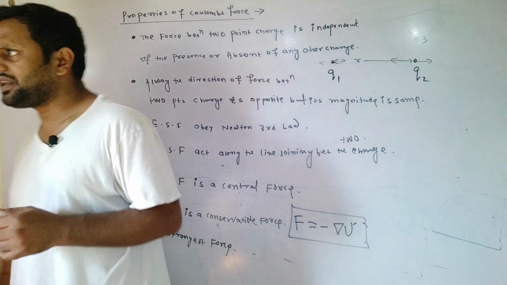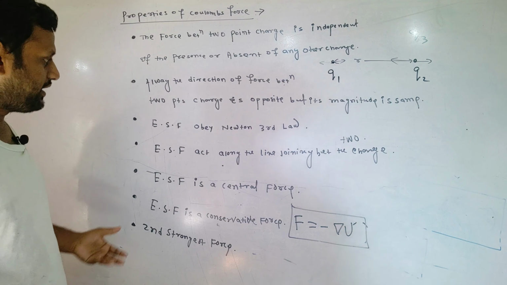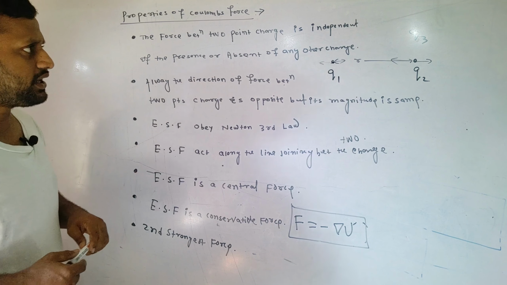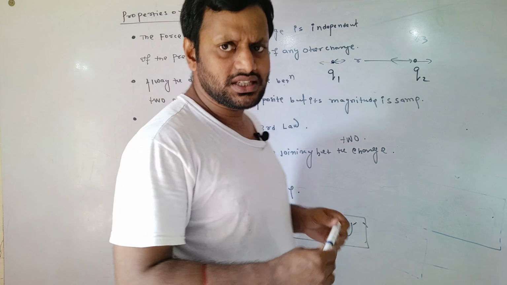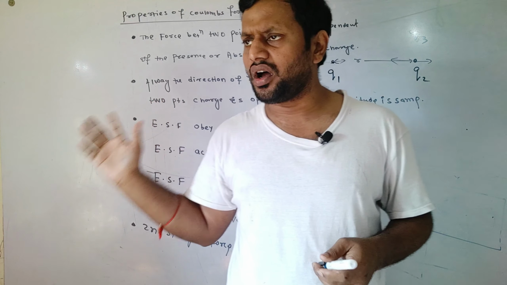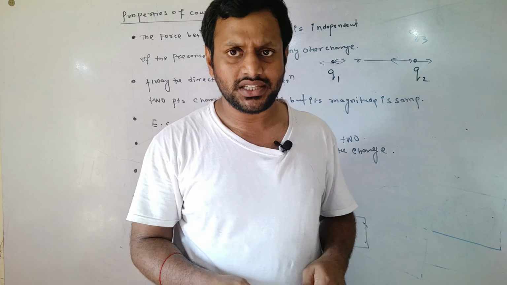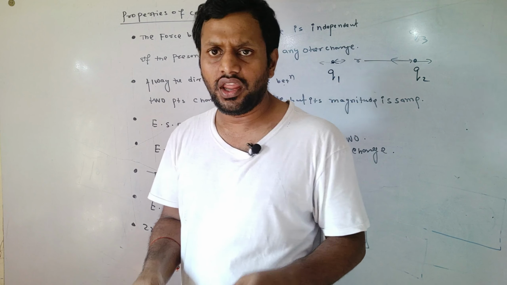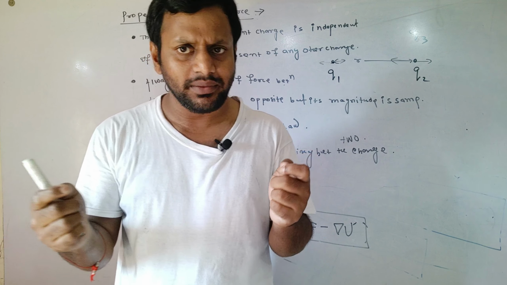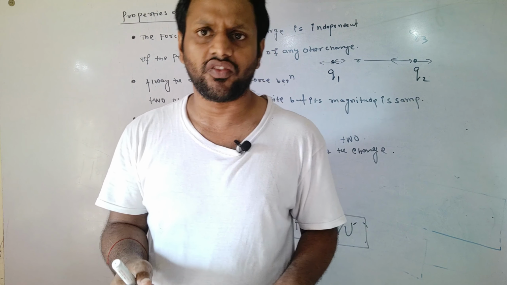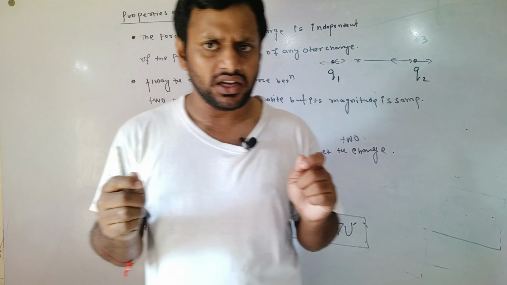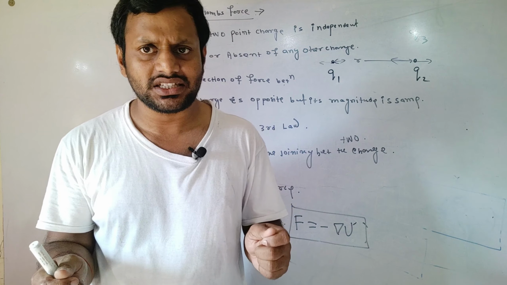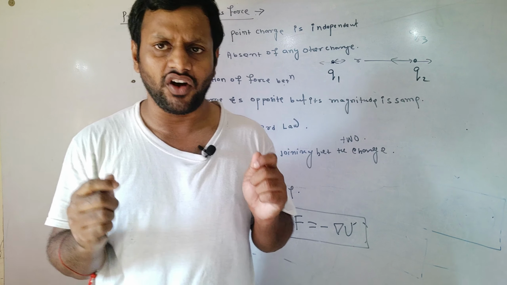I think these properties are sufficient for any exam. So these are the properties of Coulomb's law or Coulomb's force. Next is the limitation. Coulomb's law is applicable for point charges, number one. Number two, it is not applicable if two point charges are separated by a distance of less than 1 Fermi.